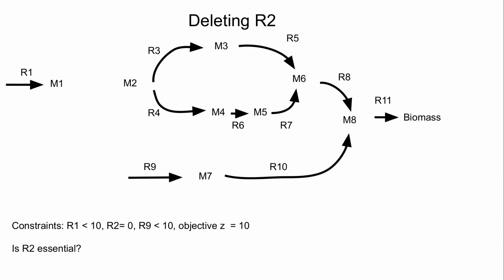But we see that this upper pathway now, as earlier, cannot be used to produce M8. So we can only produce M8 from our lower pathway. And since that lower pathway is restricted by R9 less than 10, we can only produce 10 units of M8 per time unit. And because of that, R11 can only reach a value of 10. And that is half of our original growth rate.